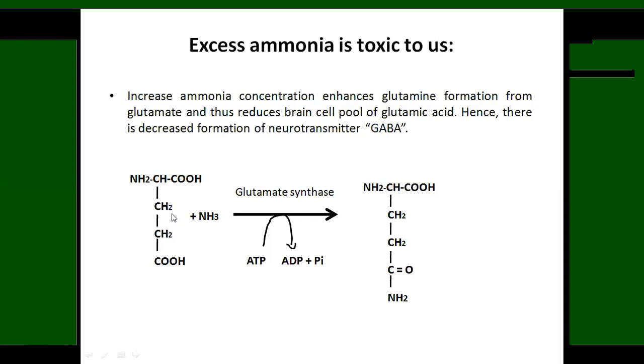And last time we said that from glutamic acid we produce the neurotransmitter GABA. So if there is a shortage of glutamic acid, GABA will not be produced. You will have a shortage of GABA, the neurotransmitter will not be there, and your mood will change. The brain will be underdeveloped, and sometimes you will get very angry. Your behavior will be like that.